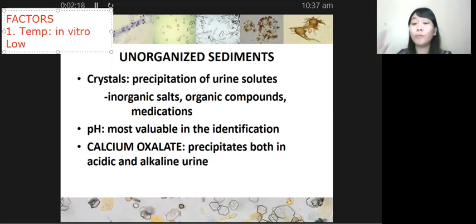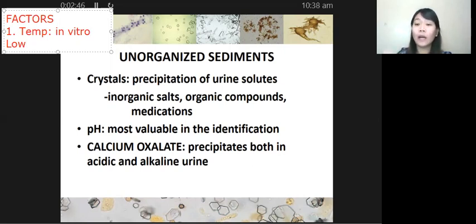Diba? In vitro po ang kino-consider natin dito. Kasi take note, iisa lang naman lagi ang temperature ng katawan, 37 degrees Celsius lang naman yan lagi. And so, your temperature is a factor which governs or predominates the crystallization of your substances in vitro.